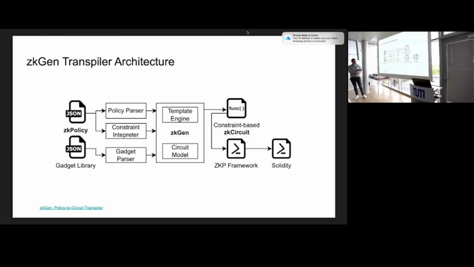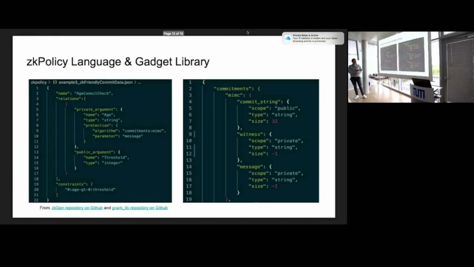That's why we also have a gadget parser, and in the policy language you just focus on input-to-output relations to make it really simple. Here the main goal was to get a really concise representation of the policy. We just focus on value relations of private and public arguments, and we can add some constraints.